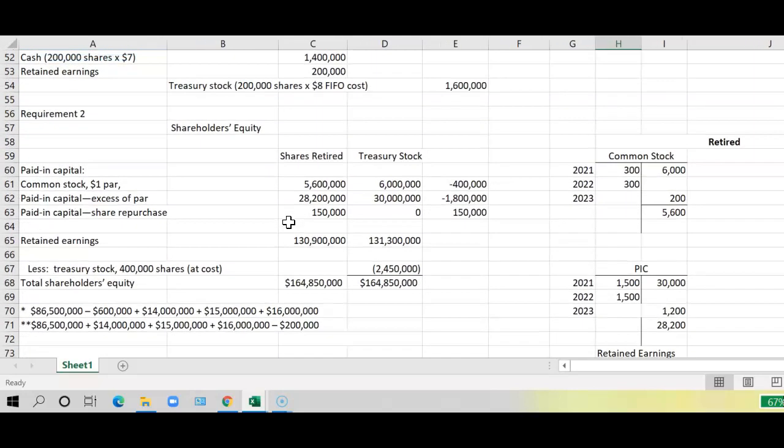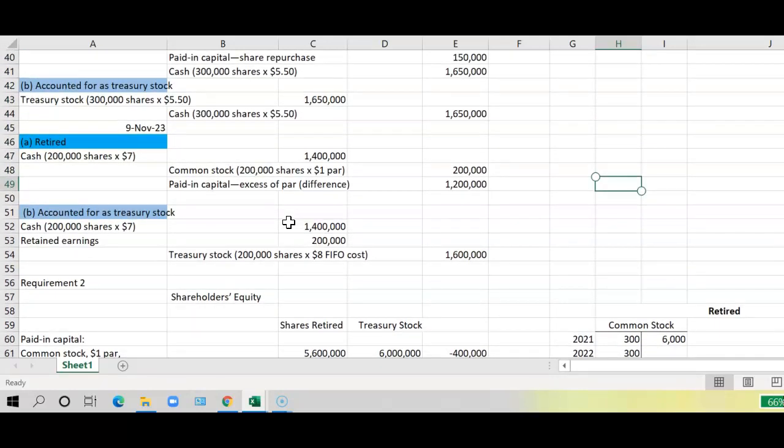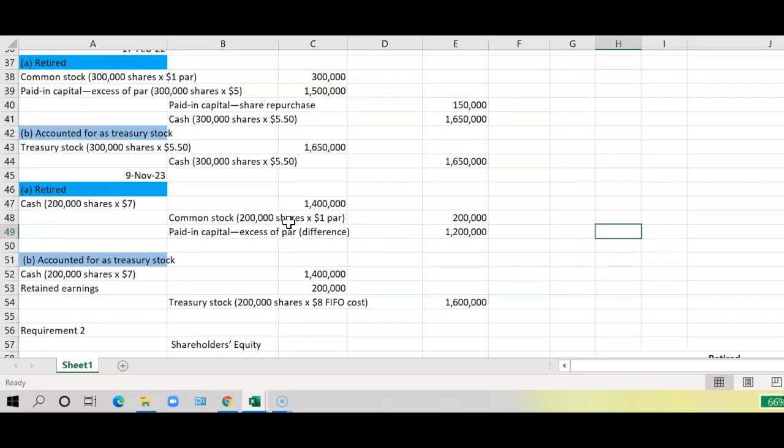So we have the 2021 $1.5 million decrease in paid-in capital, 2022 a decrease of $1.5 million in paid-in capital, and in 2023 we have a credit of $1.2 million, which is $28,200.